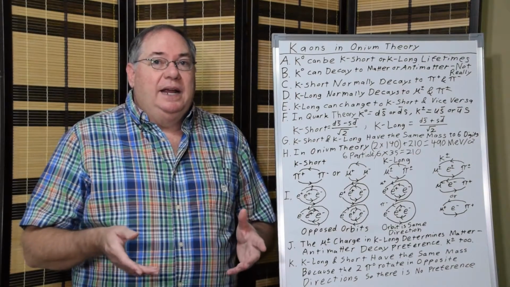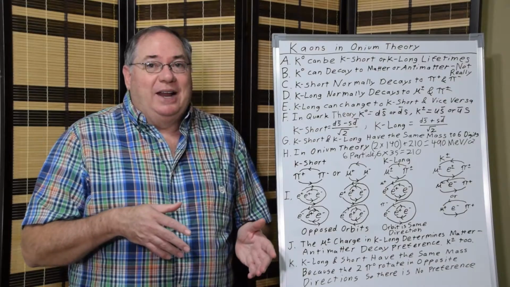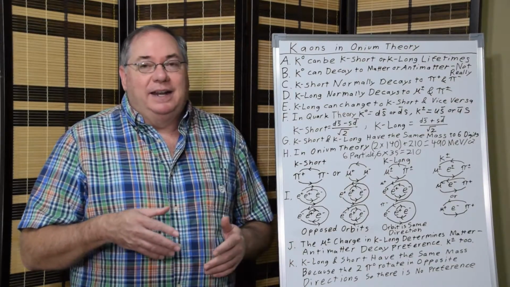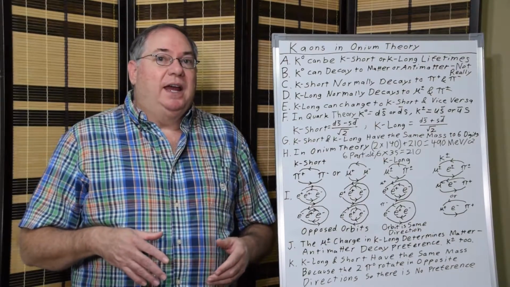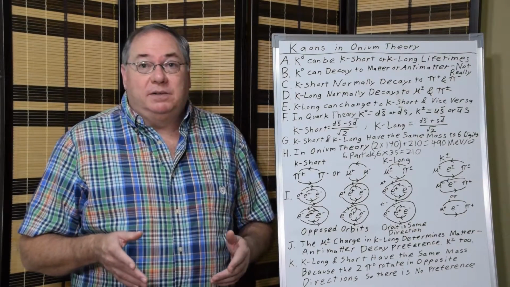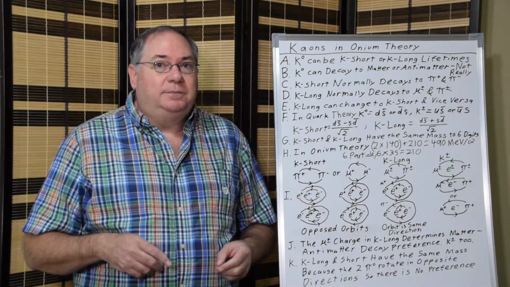So in the theory, they say that there's matter K naughts and antimatter K naughts. In actuality, if you look at the decay of the K shorts, it doesn't show any preference. And that's important to how we understand the matter.